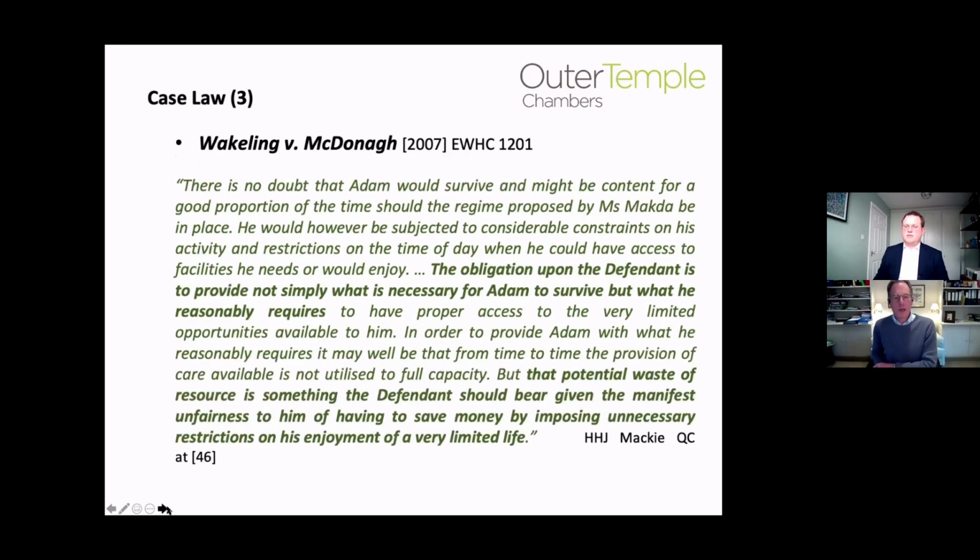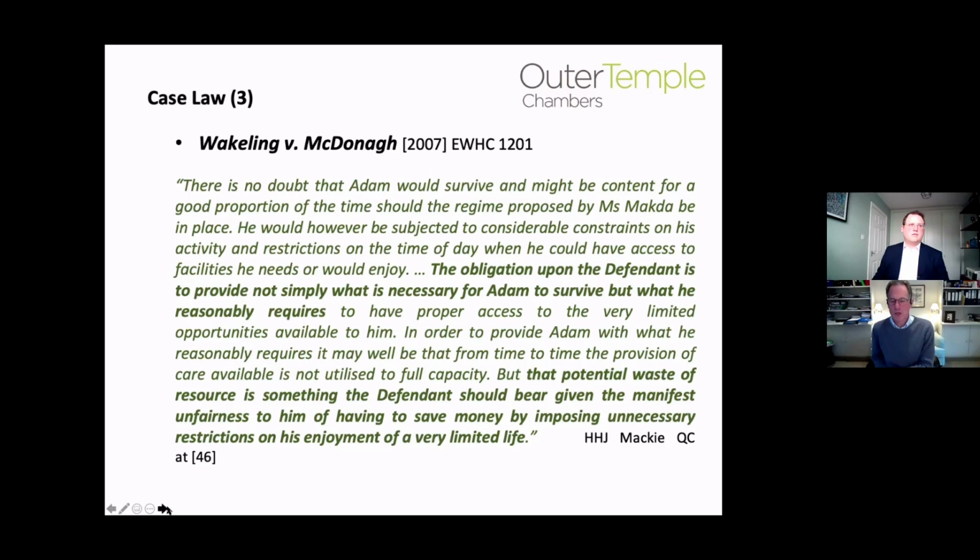Again, broadly similar issues arose in the case of Wakeling and McDonough, which I just include as a further example and a slightly different approach in terms of the reasoning adopted by the judge, His Honour Judge Mackey, in that case. Just looking at the extract there, particularly at the bottom of the page, the defendant's argument was along the lines of there's going to be a lot of time when the second carer is sitting around doing nothing, and that will be a waste of resources, a waste of funds.